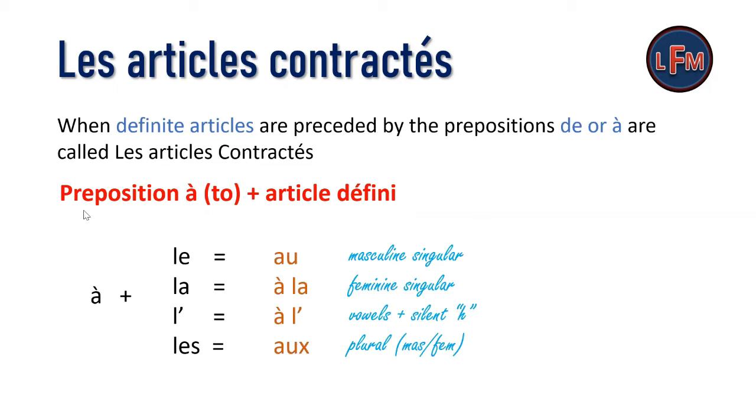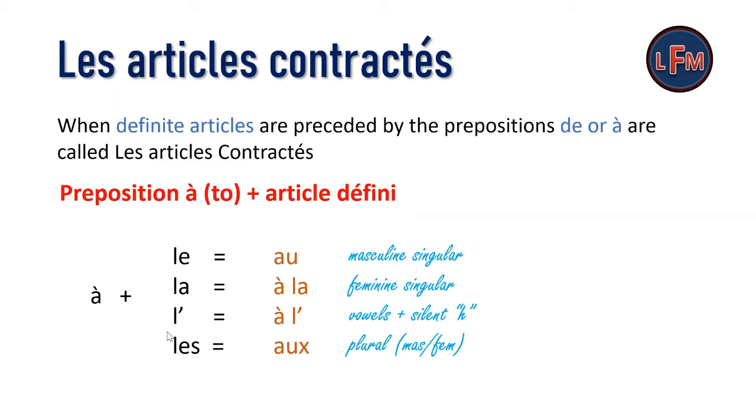Then we will see the contraction of preposition à, which means to, with article défini. À with article défini le is au, which is used for masculine singular. À with la is à la, which is used for feminine singular.